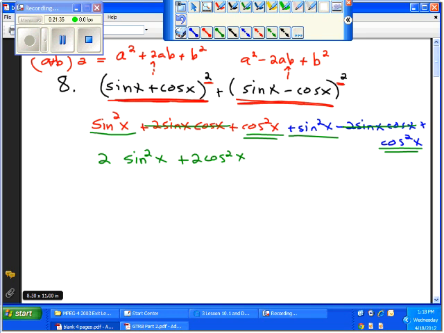Because of our algebra skills, we see a common factor, right? We could have left them separated and seen 2 Pythagorean identities sitting there, but we could also look at it like this and say, okay, we can factor out that common factor 2, and that's really no different than saying, well, we saw 2 of those little Pythagorean identities sitting there.